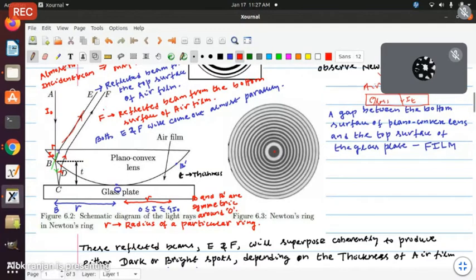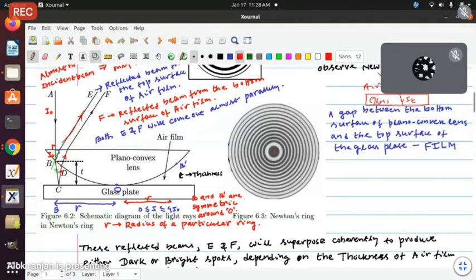Only under that condition. And if you look at the plano-convex lens inside this Newton's rings experimental setup, you'll find that it indeed has a very large radius of curvature, or is almost flat. So in that condition, both beams E and F will come out almost parallel.